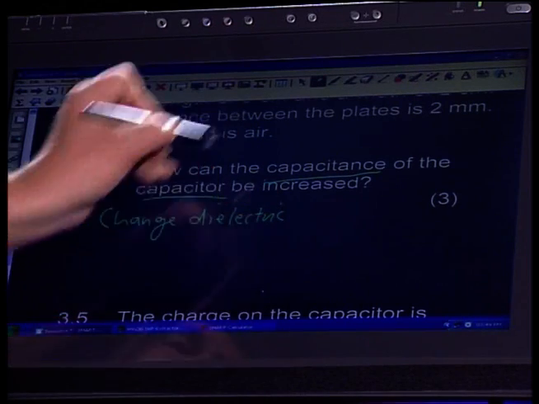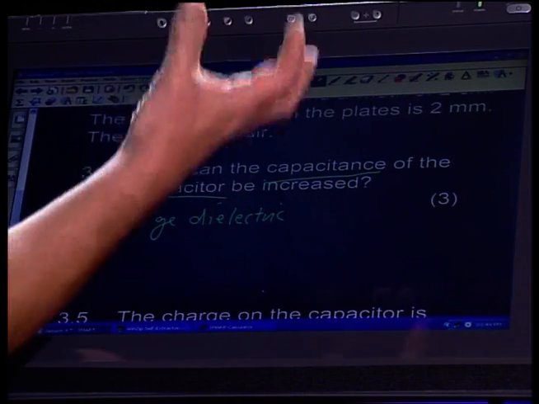So if you put a different dielectric in, that dielectric, instead of being air, for example, could be a material such as paper or even a fiber of some sort, an insulated material. It's able to hold on to more charges. So if you change the dielectric, you will increase the capacitance.